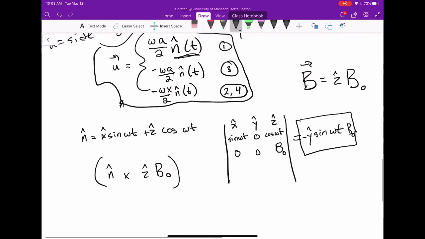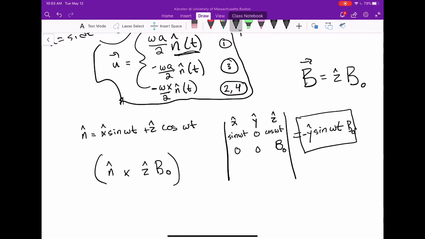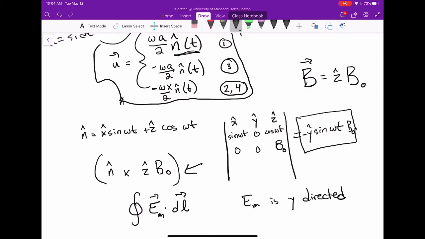Let's take this back and look at what we're going to do with it. Remember that what we're doing is the contour integral of E dot dl. And we've just found using this cross product that that effective electric field is y-directed. So it's only going to contribute on sides where dl is also y-directed. Otherwise, we're going to get 0.